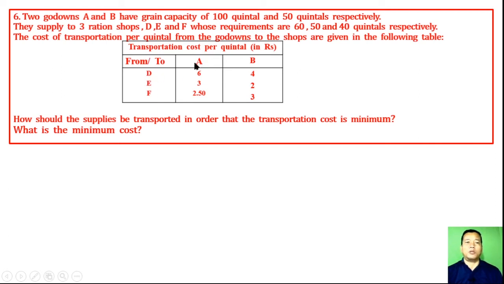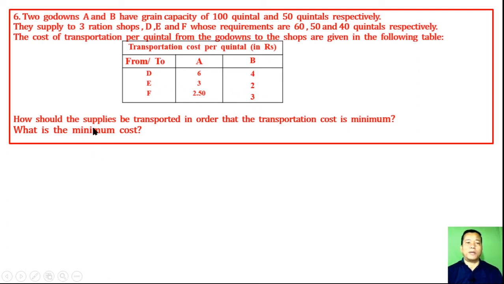From godown A to D the transport cost per quintal is 6 rupees, to E it is 3 rupees, and to F it is 2.5 rupees. From godown B to shop D it is 4 rupees, to E it is 2 rupees, and to F it is 3 rupees.